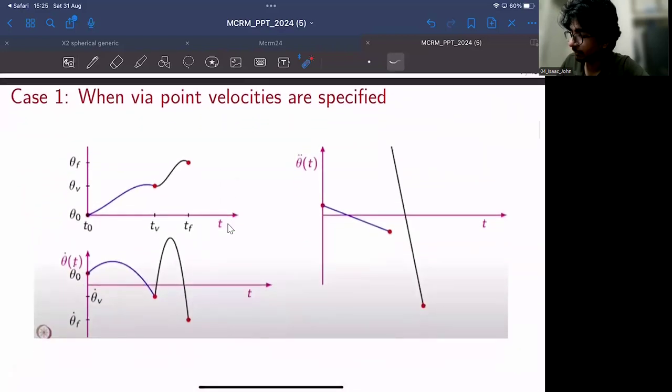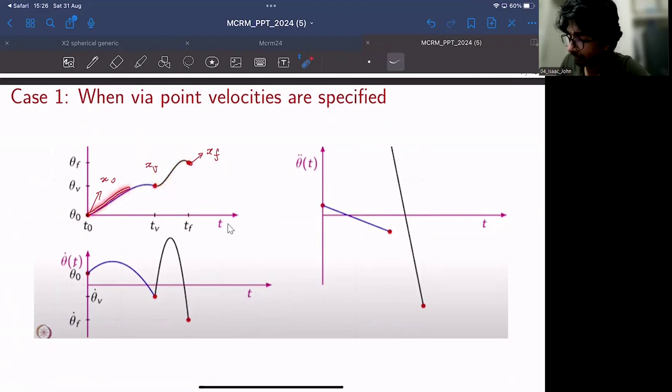So just to give a brief idea about what will happen if the via point velocities are specified. If you consider this point to be the initial point, x0, and this point to be the final point, xf, and let this be the via point, xv. Just like what we have discussed earlier, you can define a polynomial between x0 and xv, and another polynomial between xf and xv.